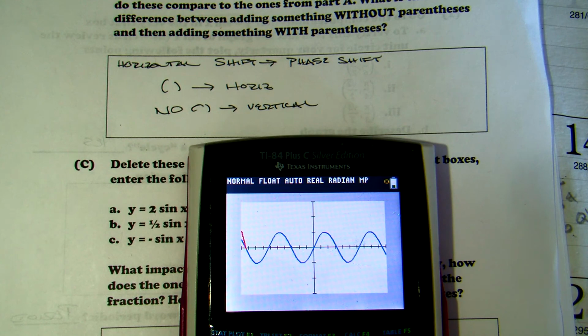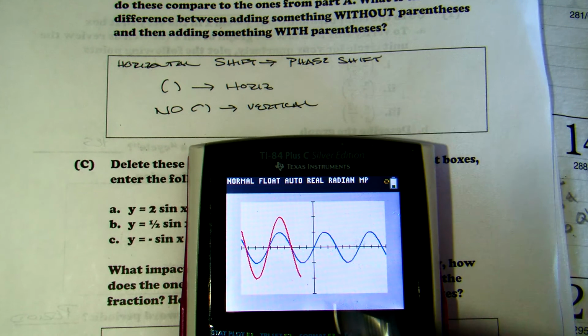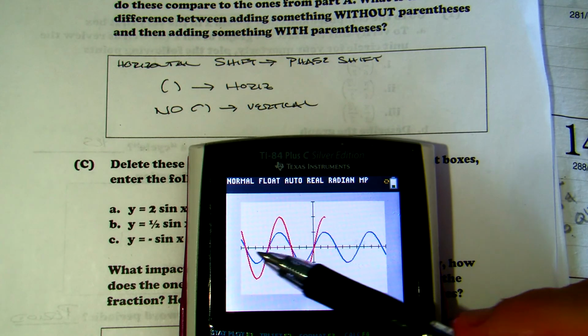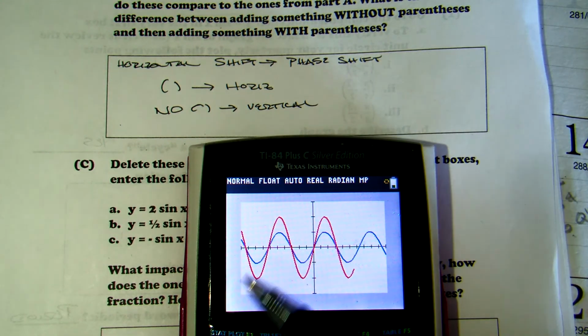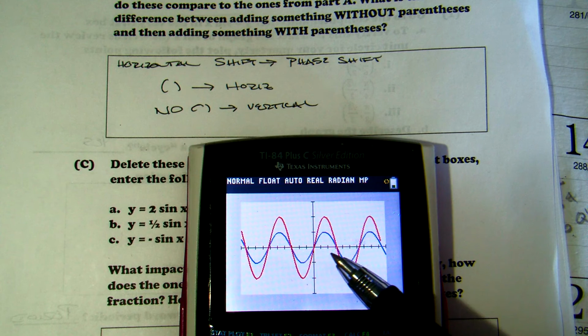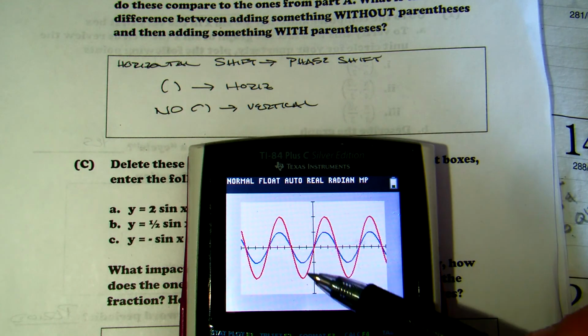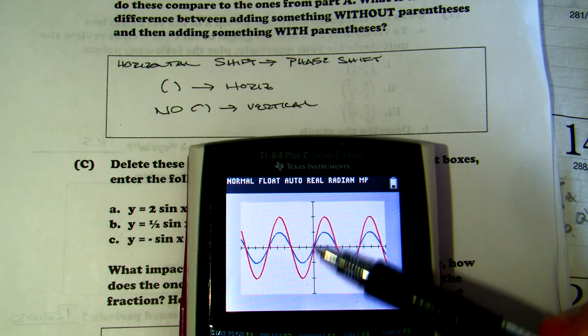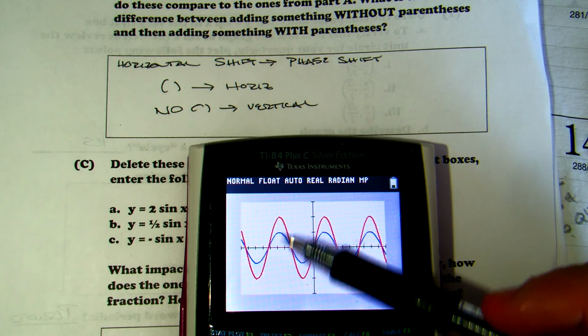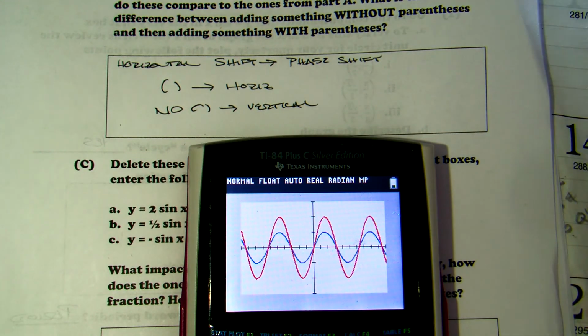And then there's sine of 2x. And you'll notice the zeros are still the zeros, so there's no horizontal shift in this one. They're still reaching their maximums and minimums at the same spot. The difference is it's going higher and lower, and that's what we call amplitude.